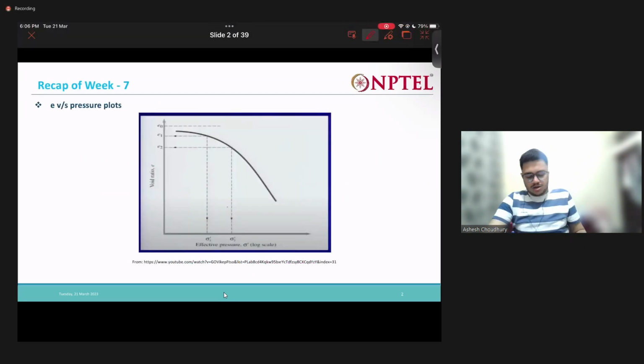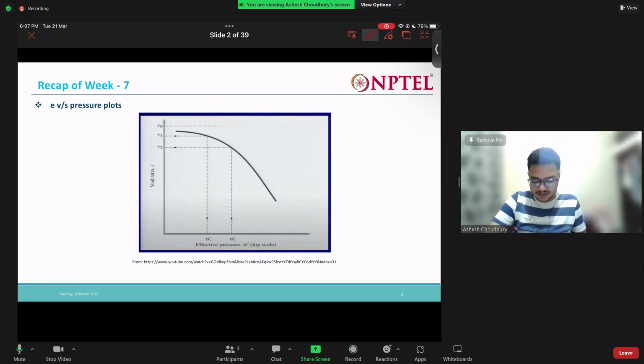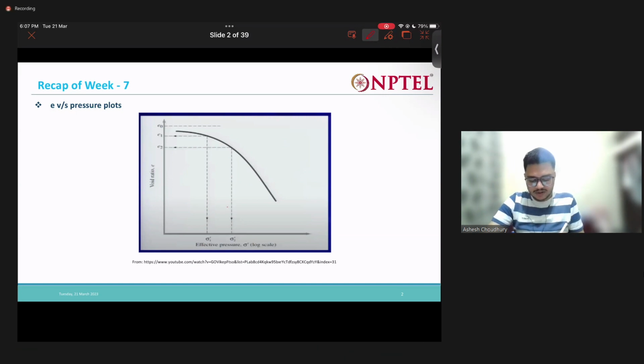So we had studied the void ratio versus pressure plots. As we know, as the effective pressure is increased, the void ratio comes down. Initial void ratio was e naught. Then as we start putting pressure on the soil, there is settlement.